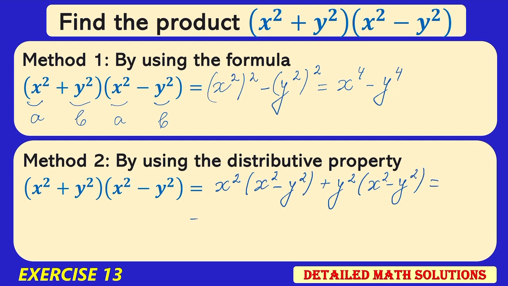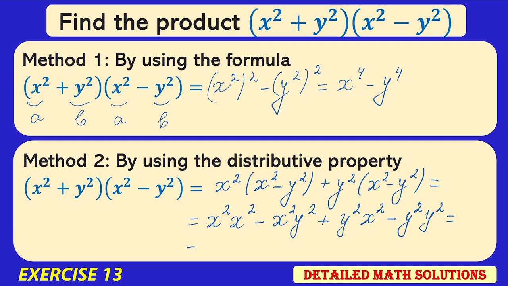When I open parentheses, I get x squared multiplied by x squared minus x squared multiplied by y squared plus y squared multiplied by x squared minus y squared multiplied by y squared. This equals x to the fourth power. Now I have the same terms, x squared y squared, with opposite signs, therefore they cancel out. And I get x to the fourth power minus y to the fourth power.